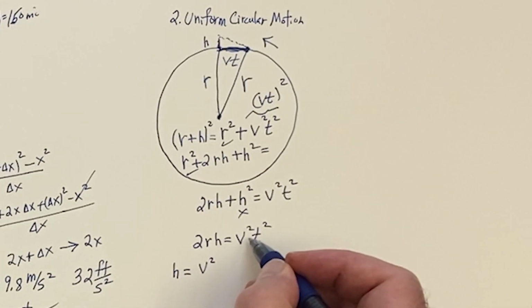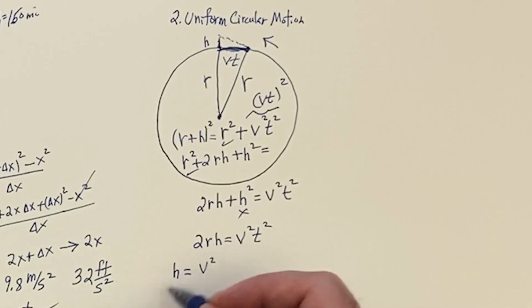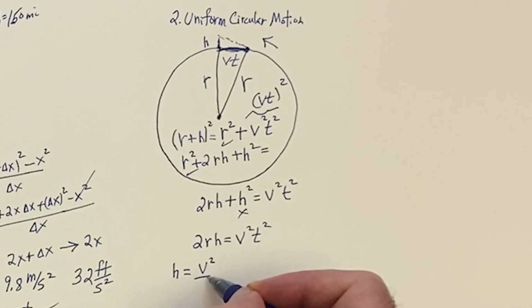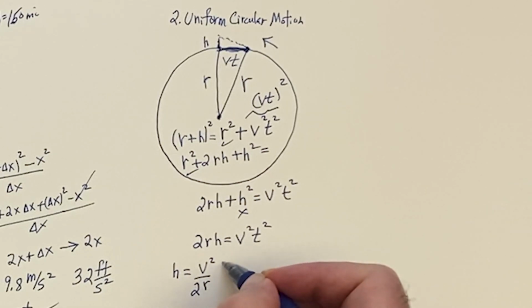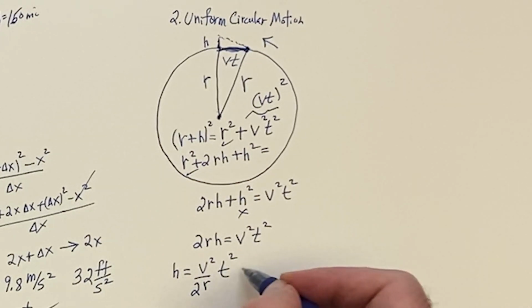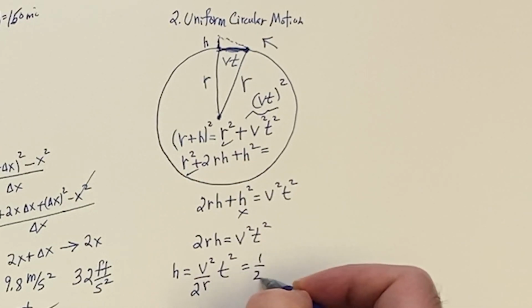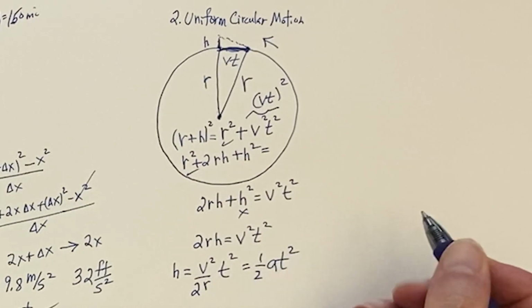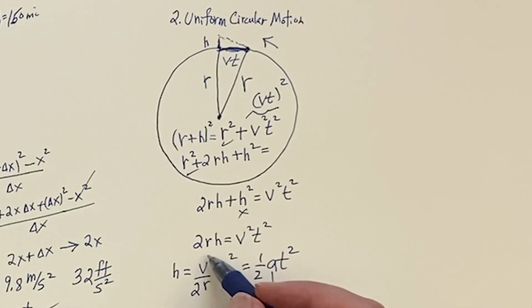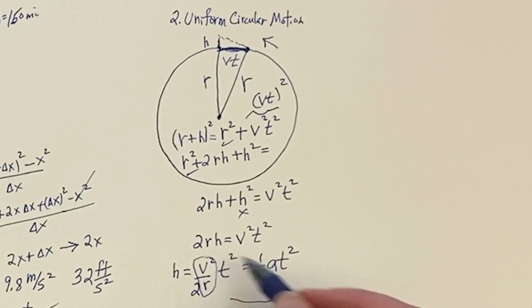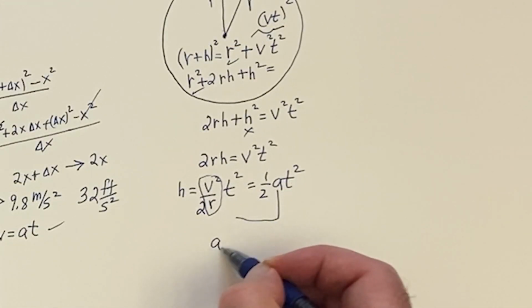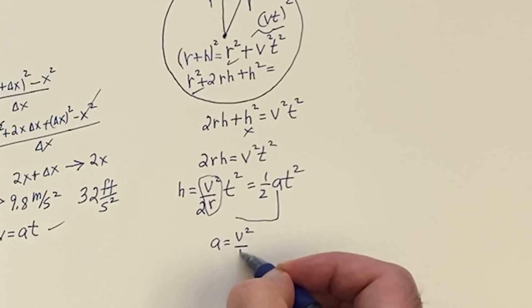So you have the v squared, you want to have the h by itself. So this is then v squared, with 2r underneath, times the t squared. But remember our formula, 1/2 at squared, which means that the a is equal to v squared over r.